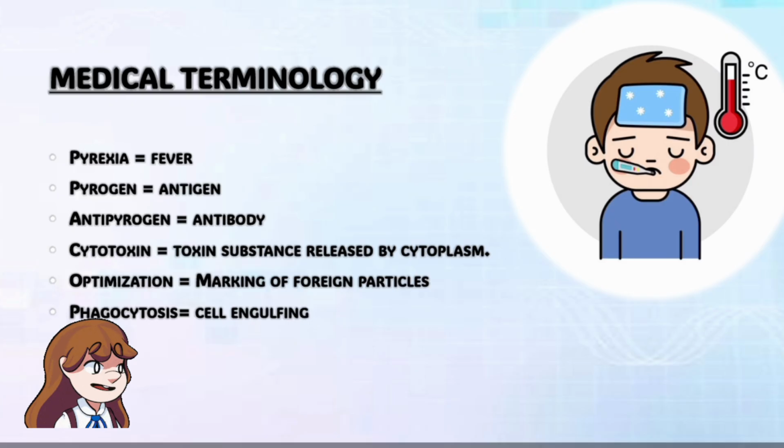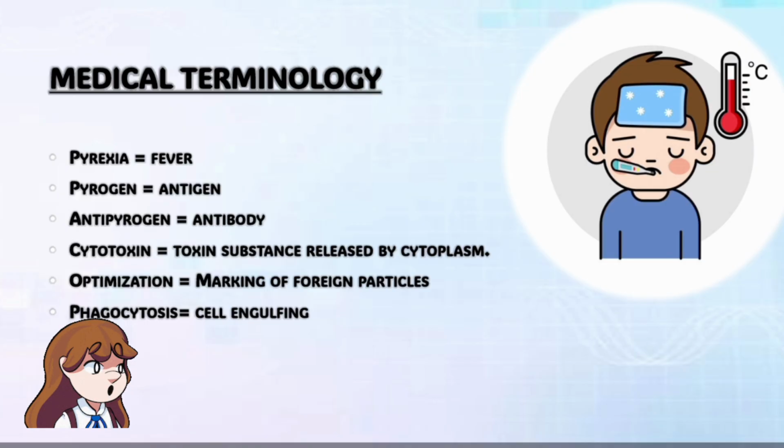Antipyrogen is an antibody against the antigen of the pathogen. And next, cytotoxin. Cytotoxin is a toxic substance released by the cytoplasm. And next, opsonization. Opsonization means the marking of a foreign particle by the antibody. Phagocytosis. Phagocytosis means a cell engulfing, or cell eating.